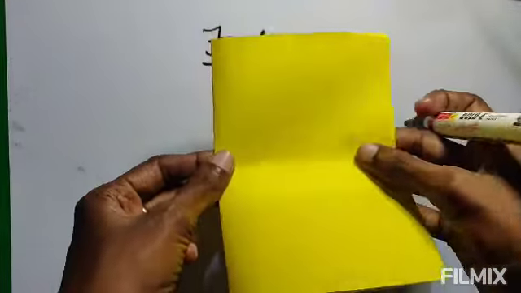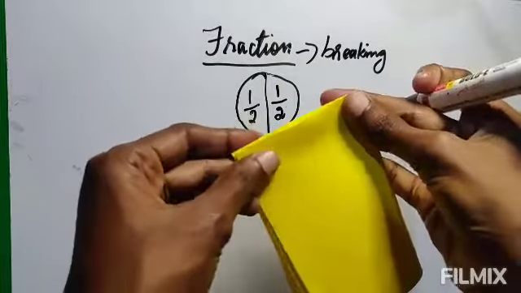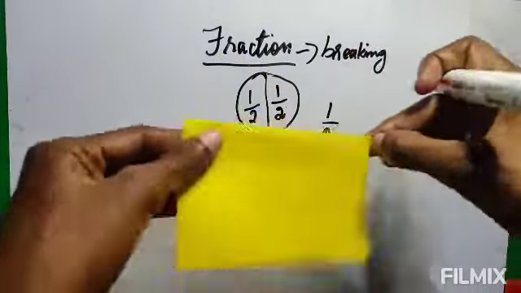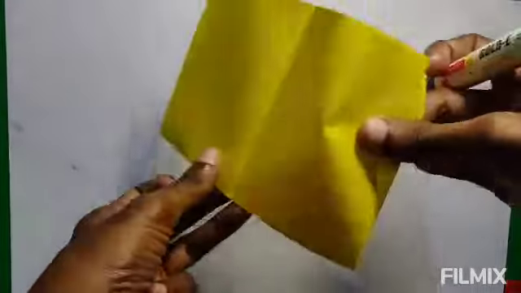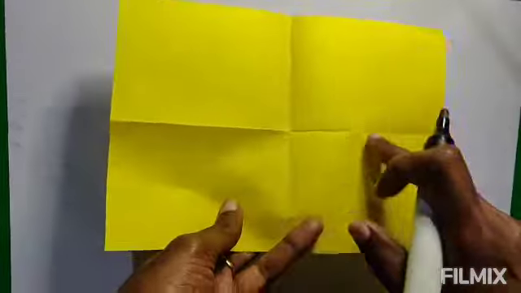Now again if I fold it equally, I am getting 4 equal parts here. 1, 2, 3, 4. How many equal parts?